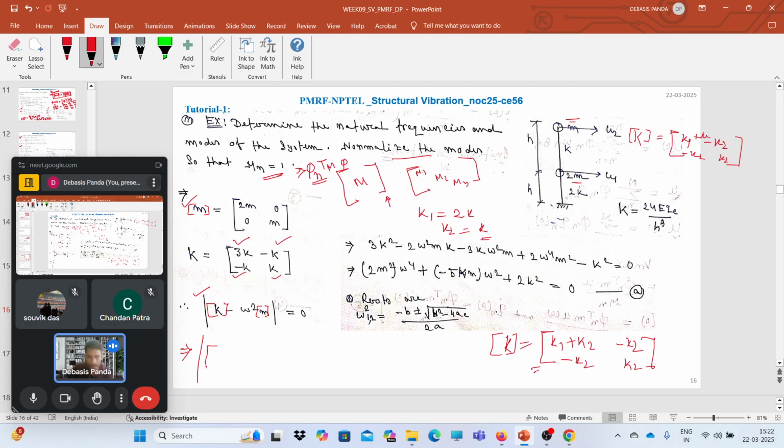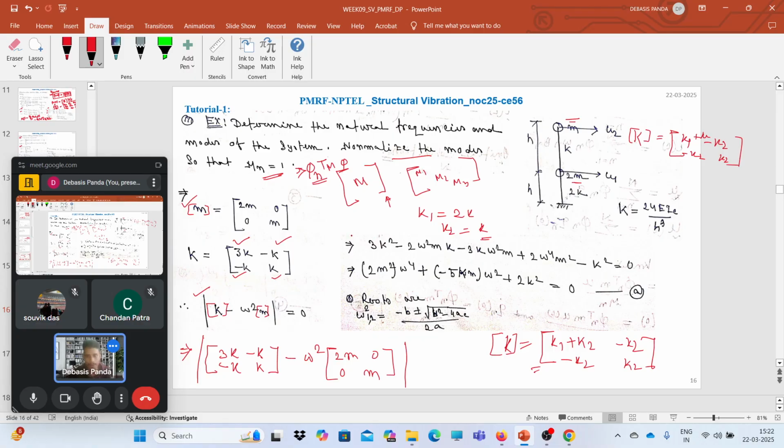So the K matrix, you just write it down: 3K, minus K, minus K, K, minus omega square, and we have the M term 2M 0 0 M. Now you need to find the determinant of this matrix, right?